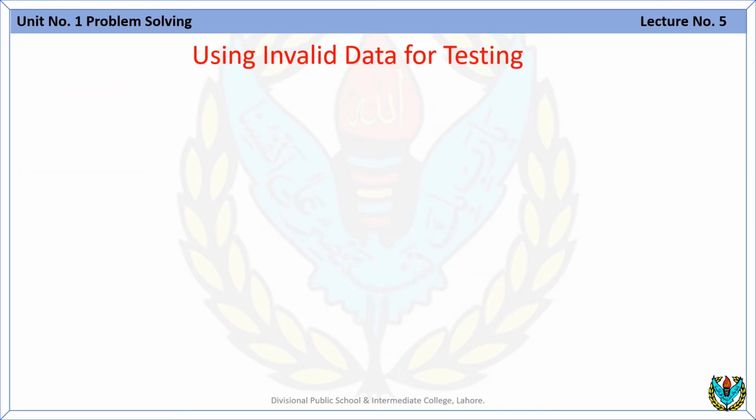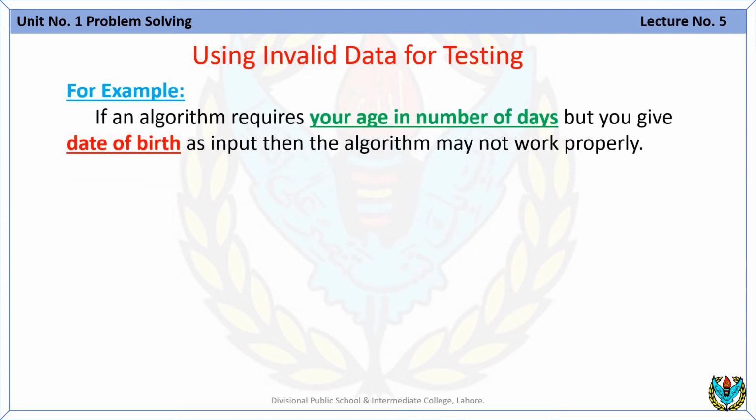Using invalid data for testing. For example, if an algorithm requires your age in number of days, but you give date of birth as input, then the algorithm may not work properly.